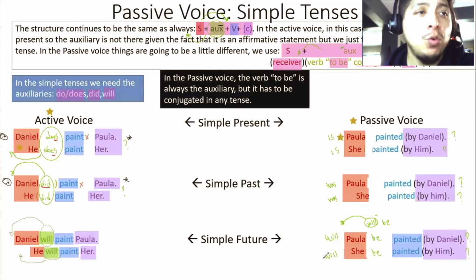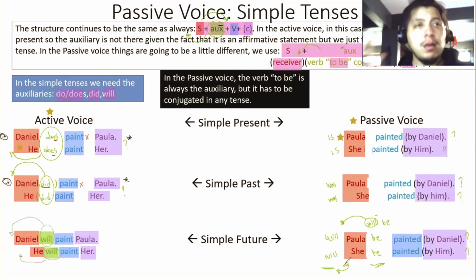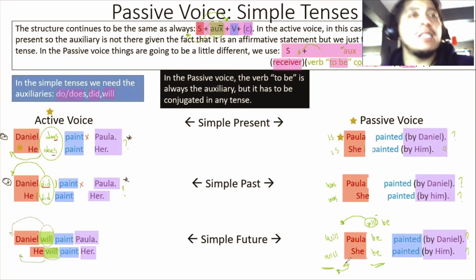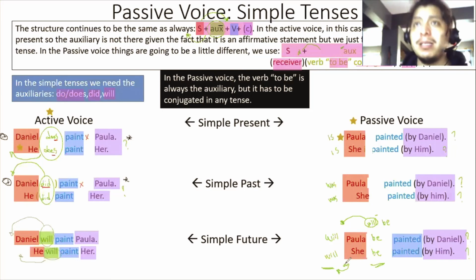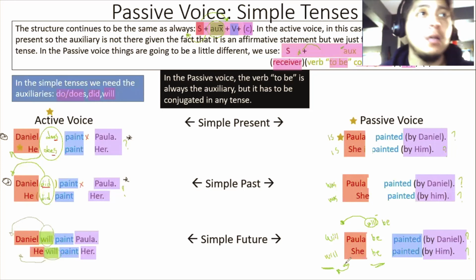When you have two words as the auxiliary, one word stays here and the other one switches positions with the subject, like we always knew. So this is the simple present, the simple past, and the simple future in the passive voice, okay? Again, we are following the same rules. These sentences mean the same. The problem is they are a little bit more complex because we need to pay attention to the rules.